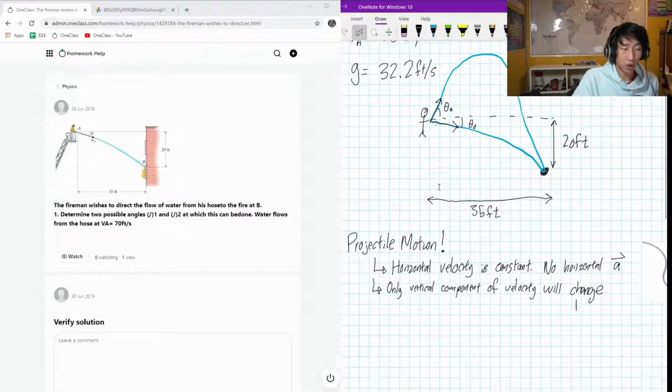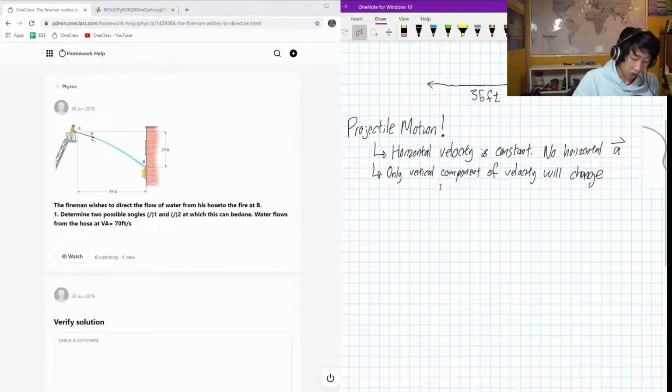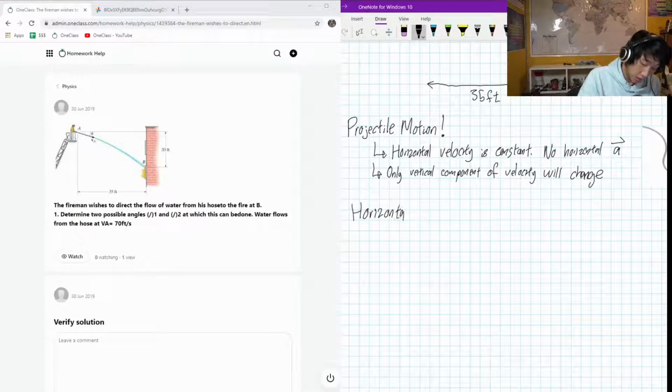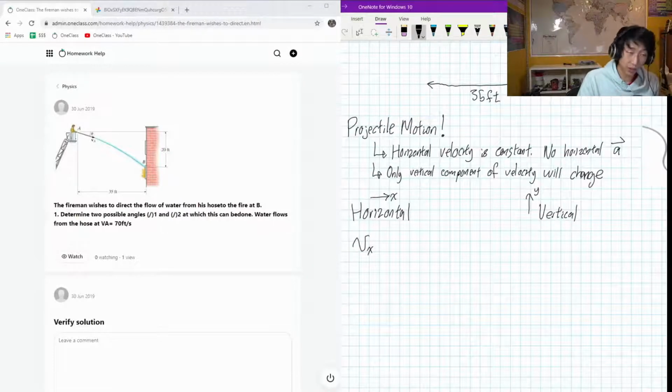Okay, so given this, let's break this down into our horizontal side and our vertical. Let's call horizontal our x direction and vertical our y direction. So we have our velocity x, which is always going to be constant. We have our horizontal distance, dx, and we have our time that this will take.